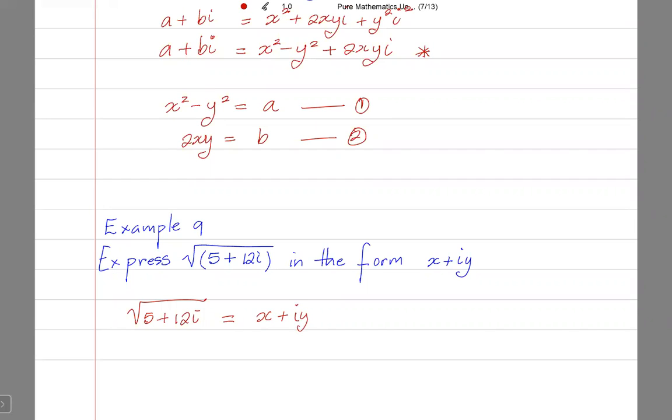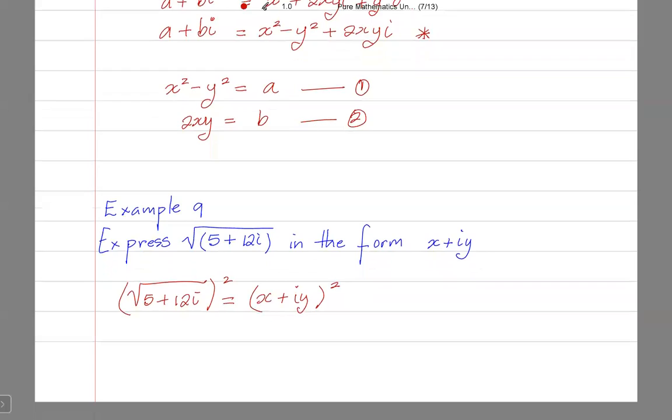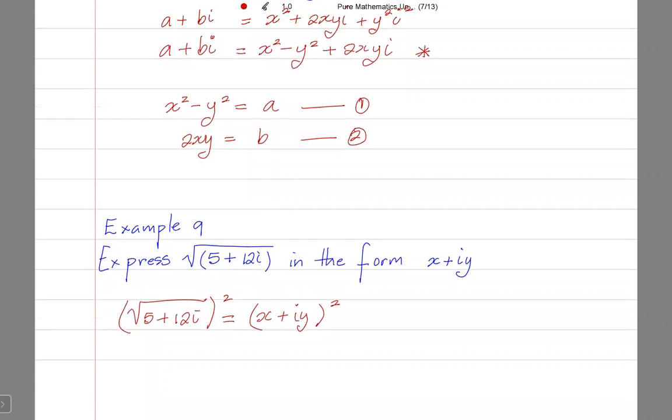Then we're going to square both sides. And if we do, we're going to end up with 5 plus 12i equal to x squared minus y squared plus 2xyi.